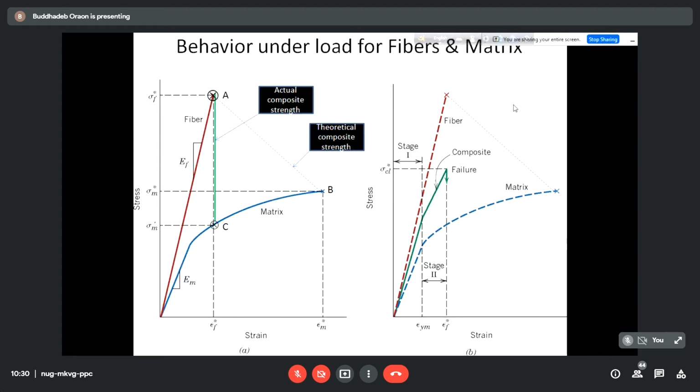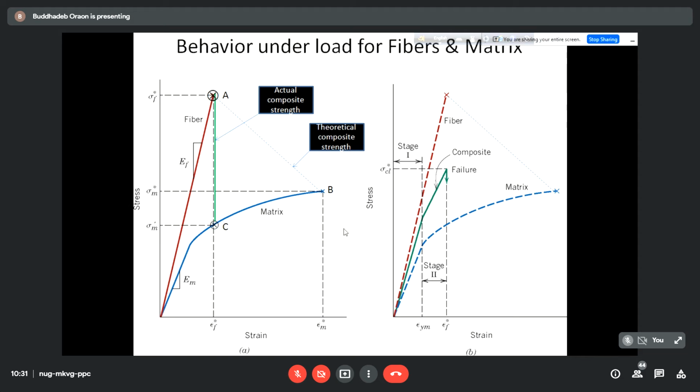Now this is a very important diagram. It is not there in Callister, but you try to understand this diagram. It is taken from some other book.